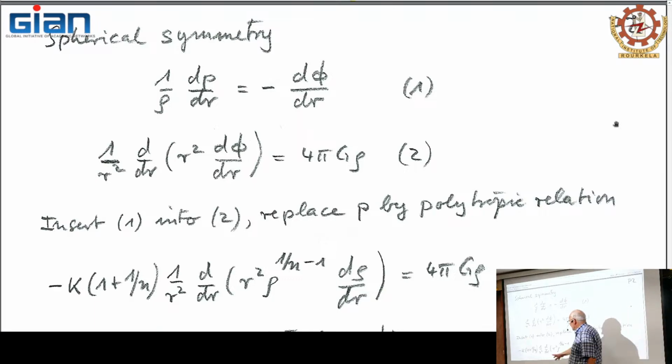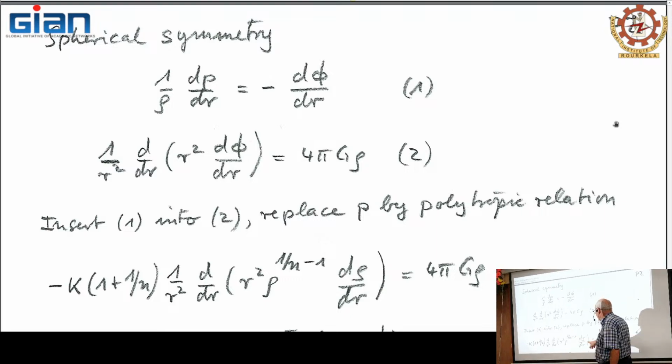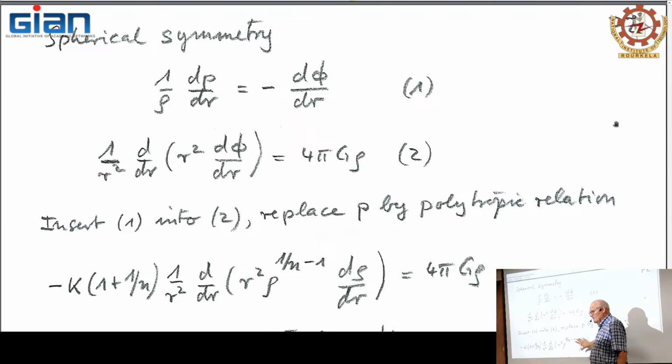This k comes from the polytropic relation. There's one derivative to be taken from the pressure, and what is left is the pressure in terms of the power law in terms of the density times d rho by dr. So this is simply the Laplacian operator acting on the pressure is equal to 4 pi times G times the density.